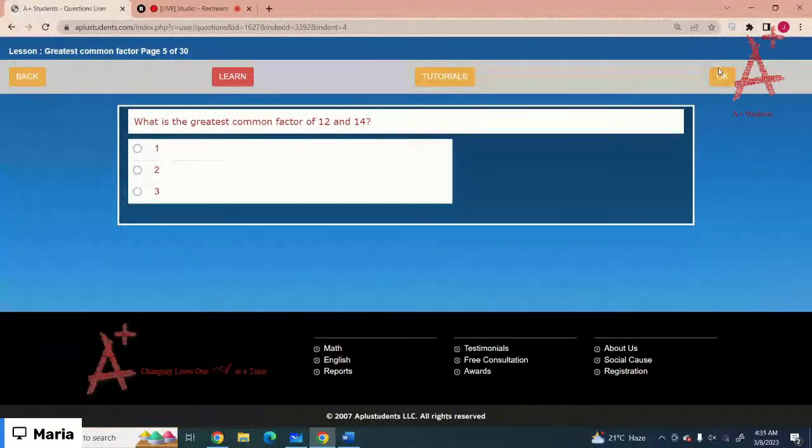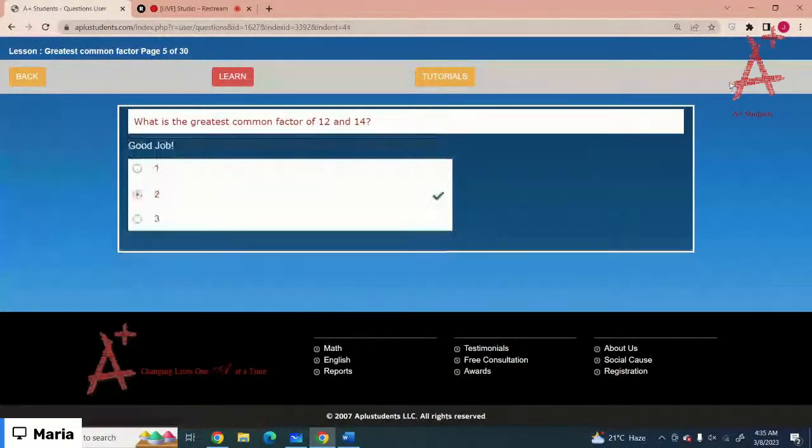Okay, what is the greatest common factor of 14 and 12? So what is the GCF of 12 and 14? 1, 2, 3. Which is the correct option? Yes, it is 2. Got it? 2 is the number that can divide both 12 and 14.